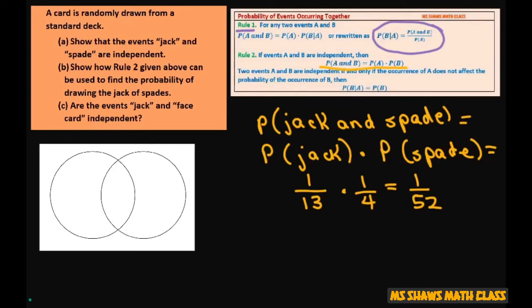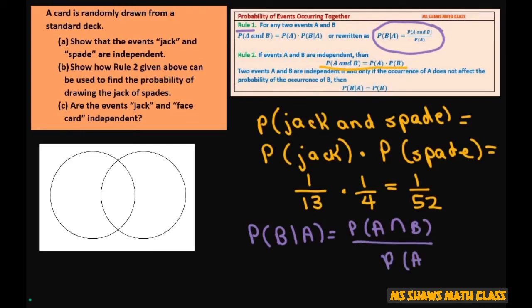Basically, what this form means is we can calculate the probability of B given condition A as the probability of A and B, meaning A intersect B, divided by the probability of A. In a Venn diagram, since event A is known, this is A, this is B, and B I'll put in green here.